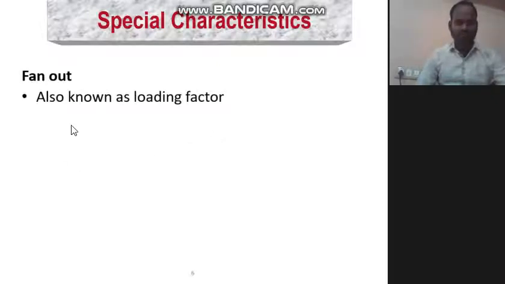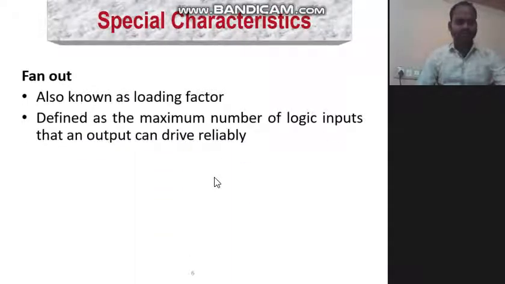Fan out, also known as loading factor, is defined as the maximum number of logic inputs that an output can drive reliably. Simply, the number of outputs connected to the logic circuit is called fan out.